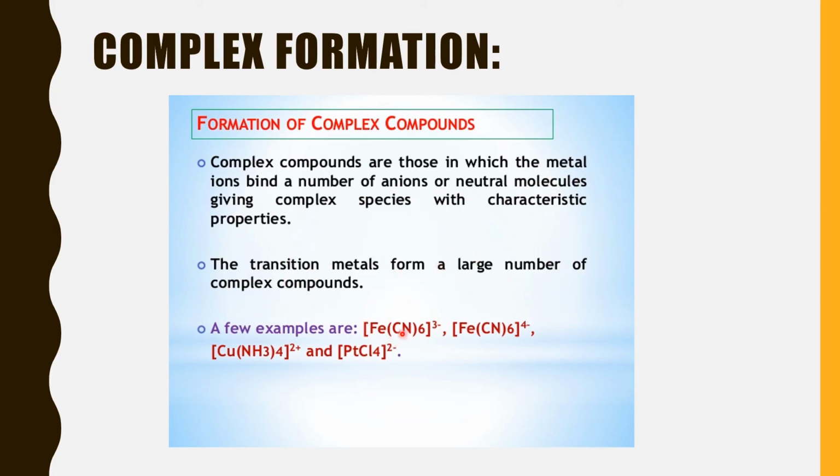For example, these are a few examples: Fe(CN)6 to the power of 3 minus, Fe(CN)6 to the power of 4 minus, Cu(NH3)4 2 plus, and PtCl4 2 minus. These are a few examples of complex compounds.